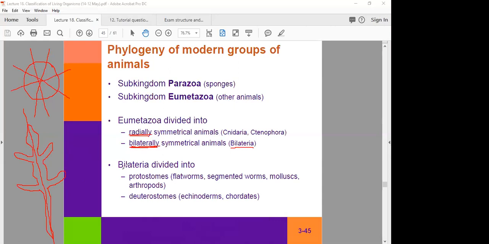The bilateria is further divided into two groups, the protostomes and the deuterostomes. The protostomes include the flatworms, segmented worms, mollusks and arthropods. The deuterostomes, the echinoderms and the chordates.